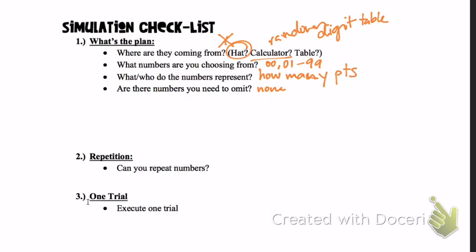So here are my answers to my problems. Now we're going to create a nice little sentence, or 2 sentences, that can represent that. So I will use numbers 00 through 99. Since we're actually executing it, I'm going to say for this example that we're going to use a random digit table.